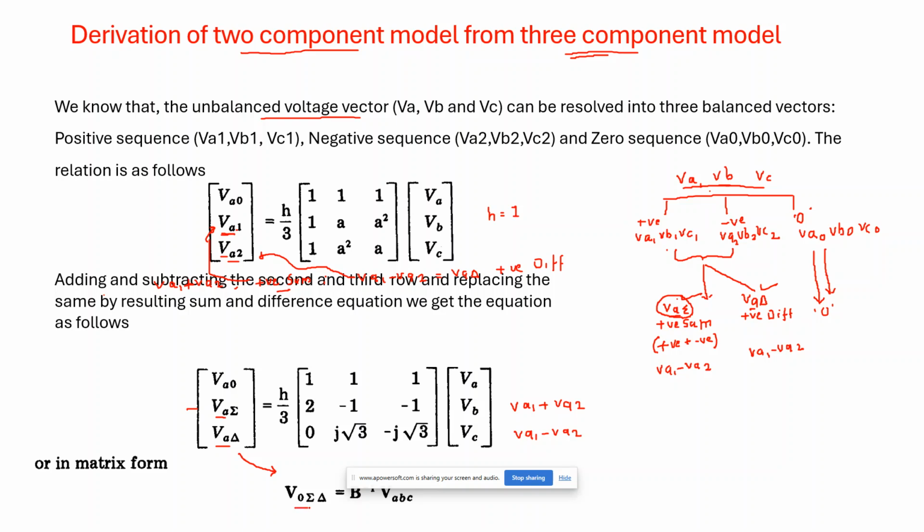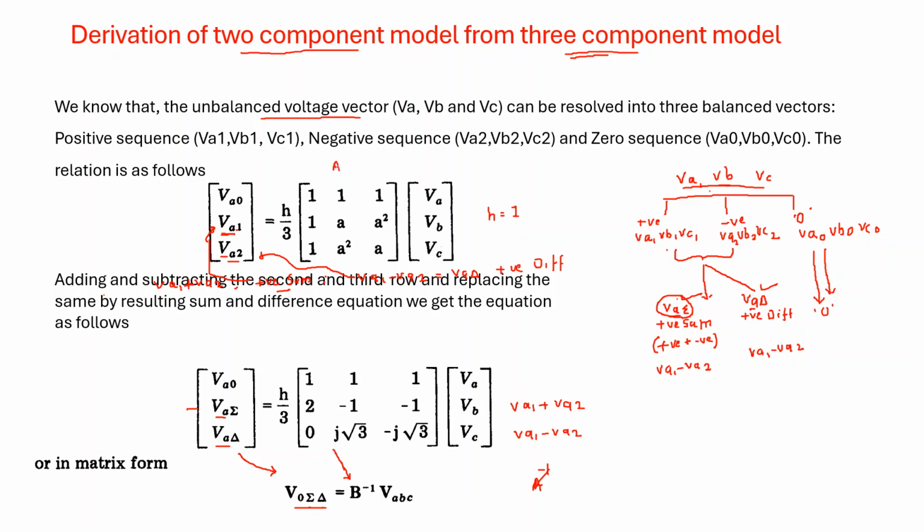So the vector of VA0, VA summation, VA delta equals this matrix, the matrix B inverse. In our previous derivation we were calling it A inverse. Just note it down.